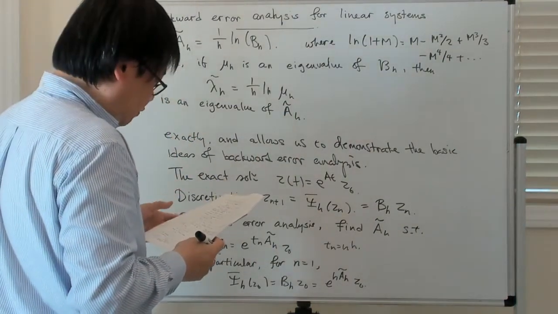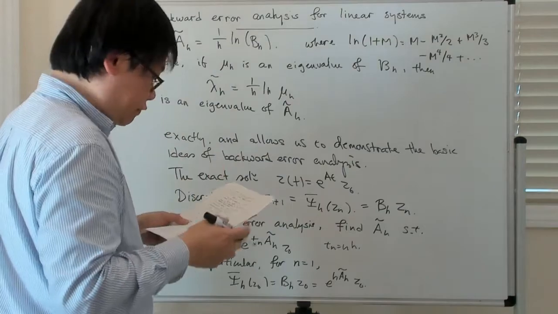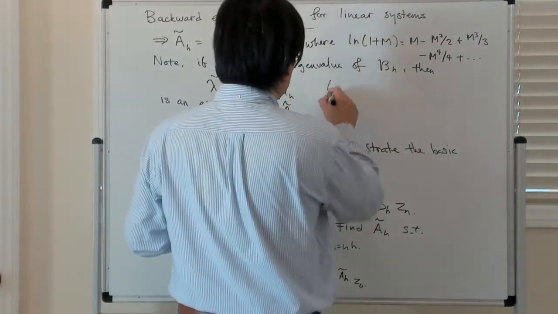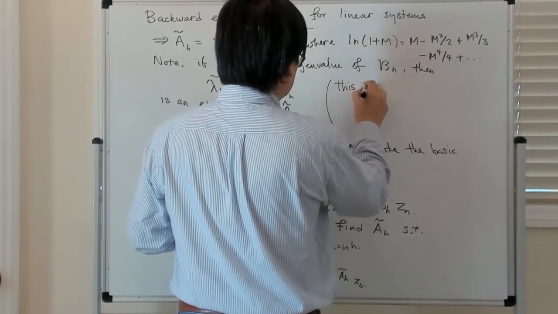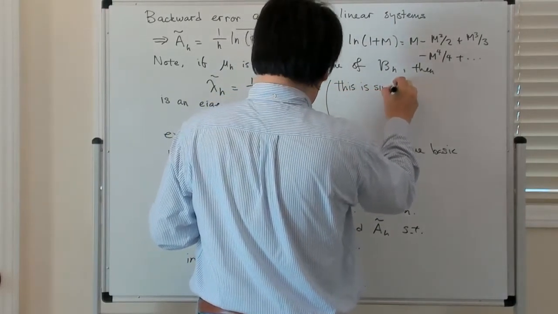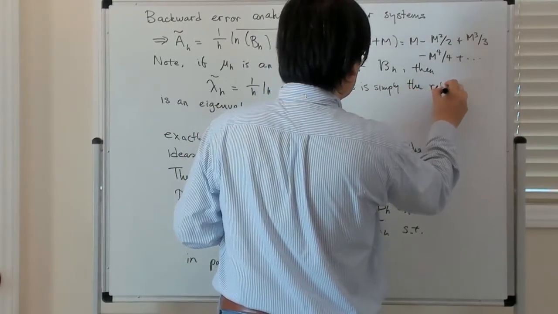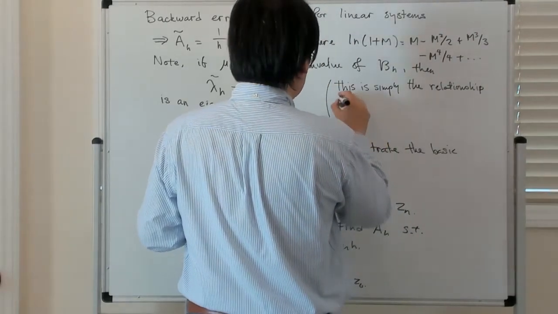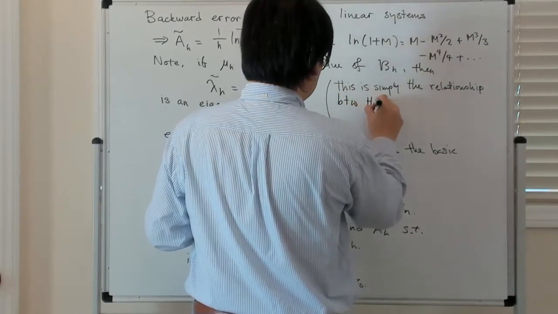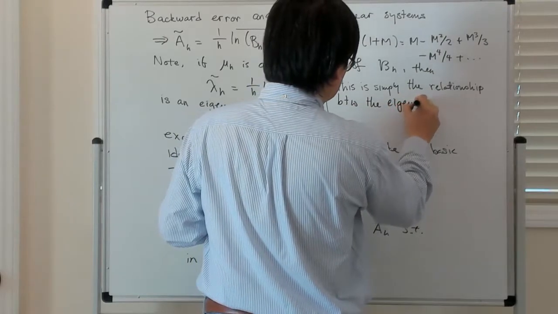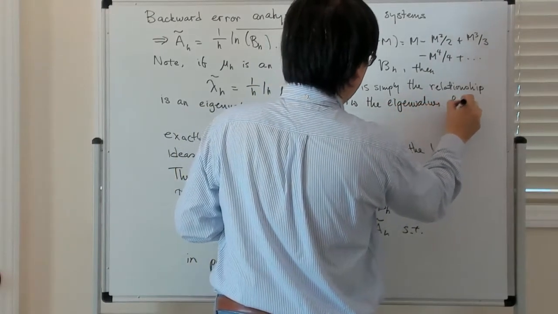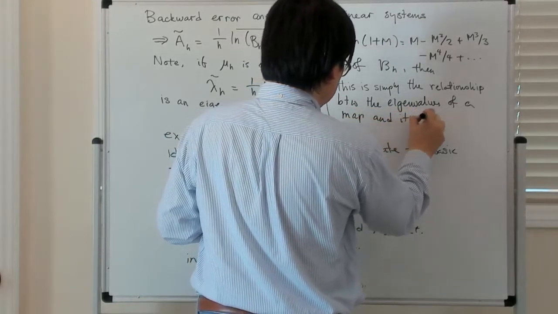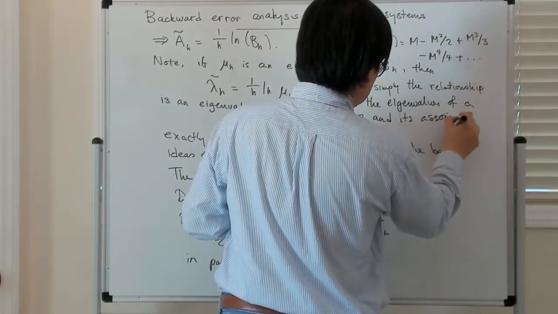And of course, this is nothing more than the relationship between the eigenvalues of a map and its associated linear operator.